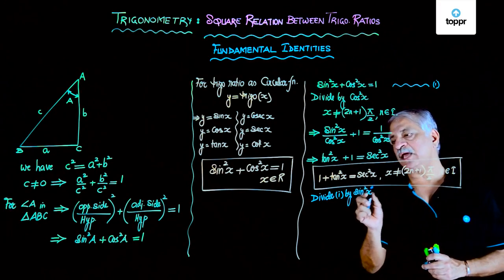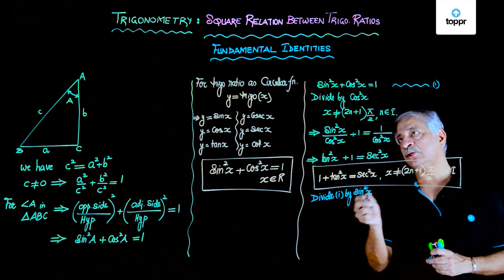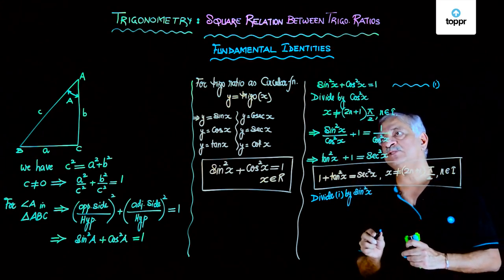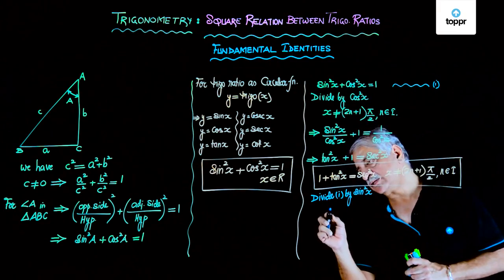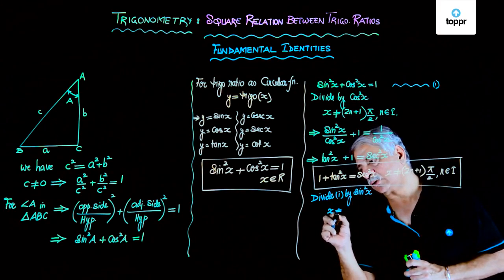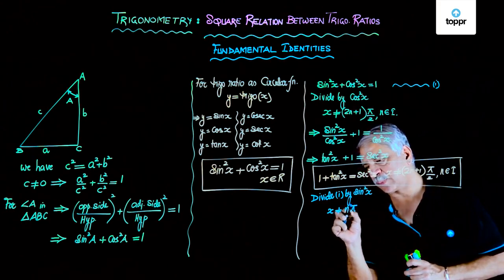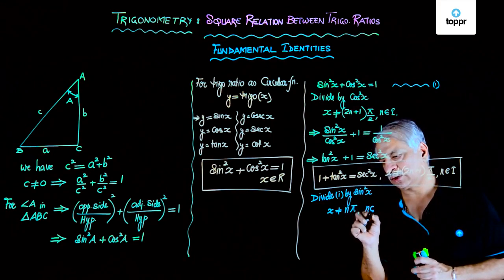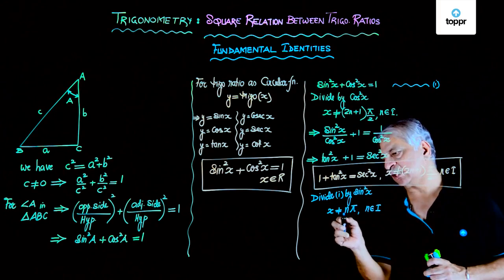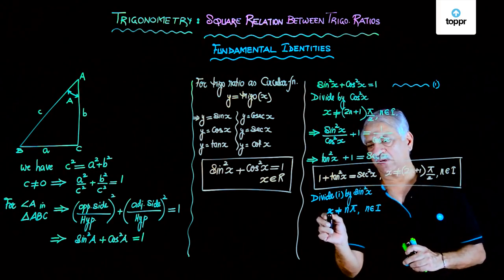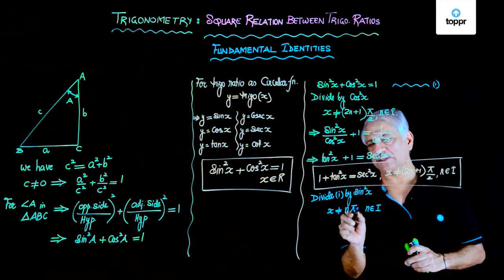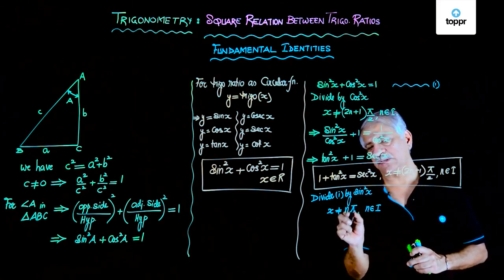Now, remove all those points where sin can become 0 from the domain of sin x. This implies x not equal to n times pi, n belonging to integers. If n is equal to 0, x is equal to 0, sin x is 0. If x is equal to pi, sin pi is equal to 0.